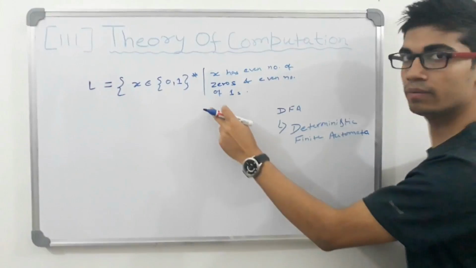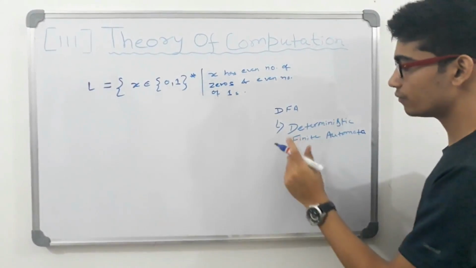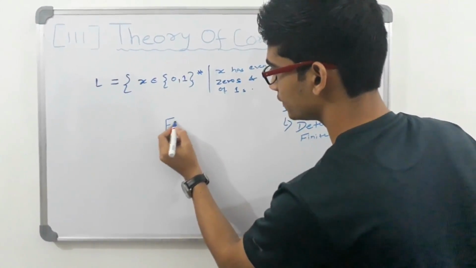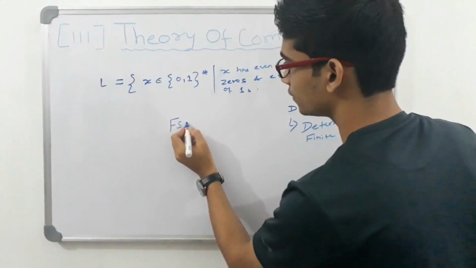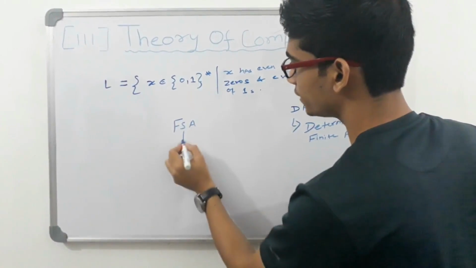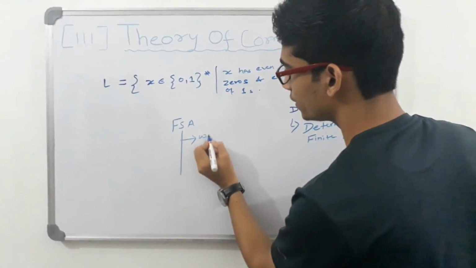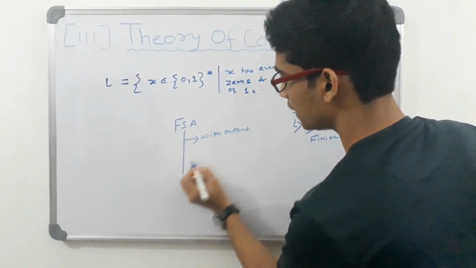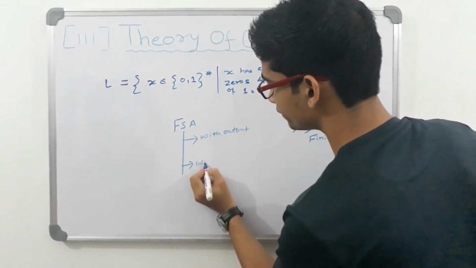Before I solve this, let me give you some idea. We have this type of thing, FSA, that is finite state automata. Finite state automata can be with output and can be without output.